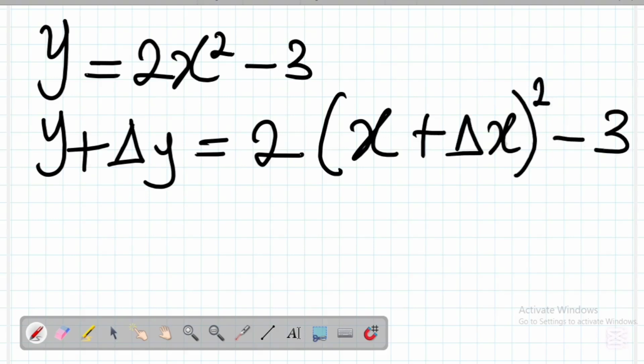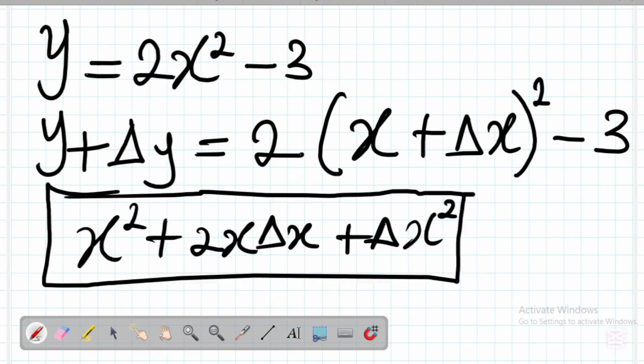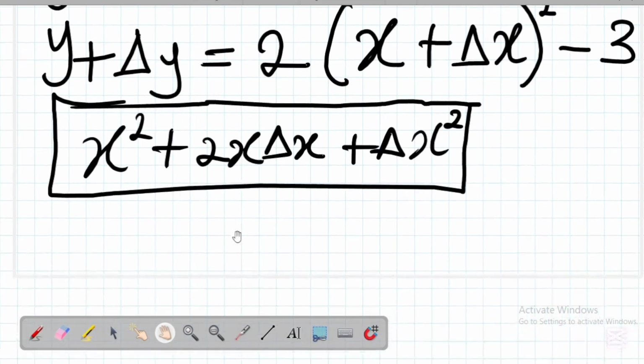So our next task is to expand this bracket, x plus changing x squared. From our first example, x plus changing x squared gave us x squared plus 2x changing x plus changing x squared. Now let's substitute this into the equation.